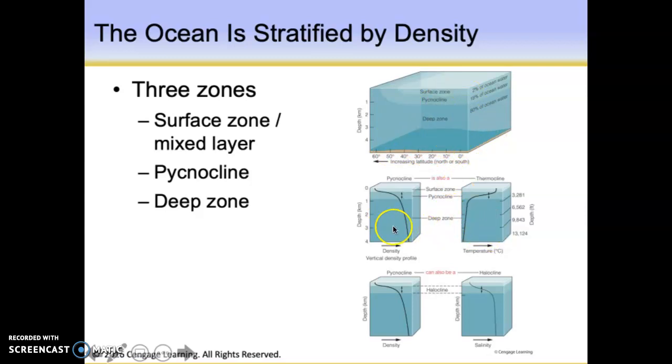But the deep zone is cold and salty and therefore more dense, and that's why it's down there. The surface water is less dense because it's warmer, and depending on where you are, it may be less salty as well. So that leads to our density stratification, or layering due to density.